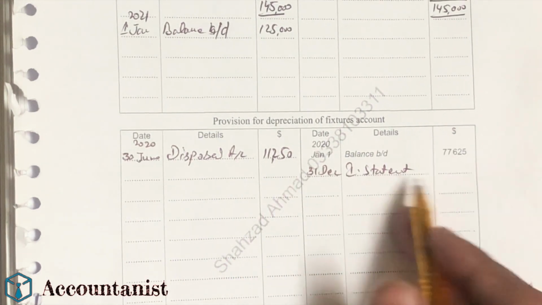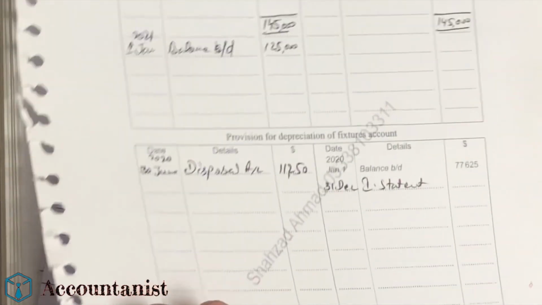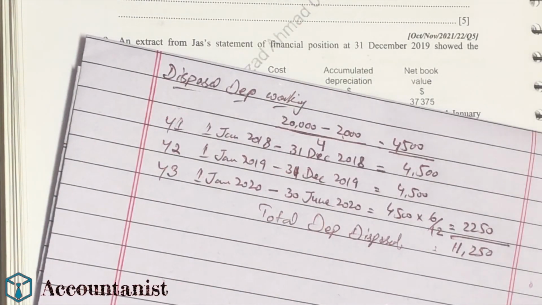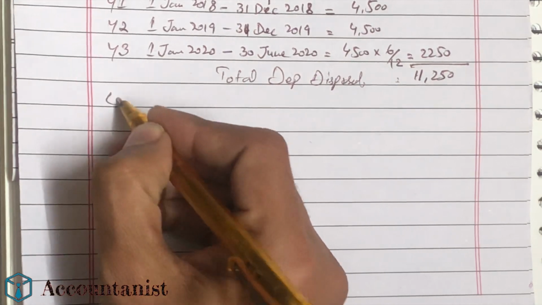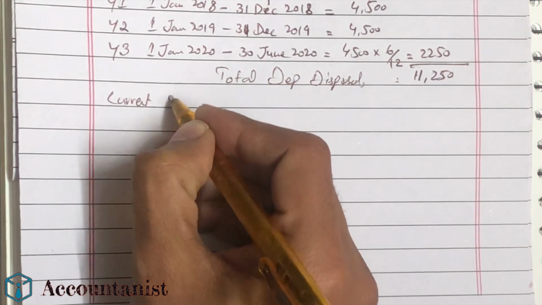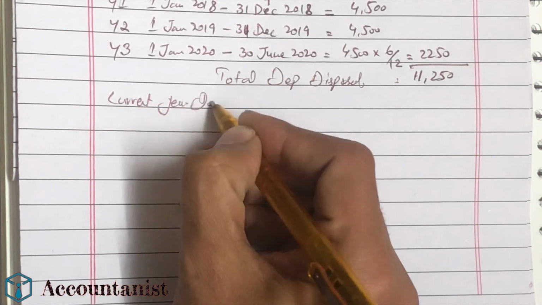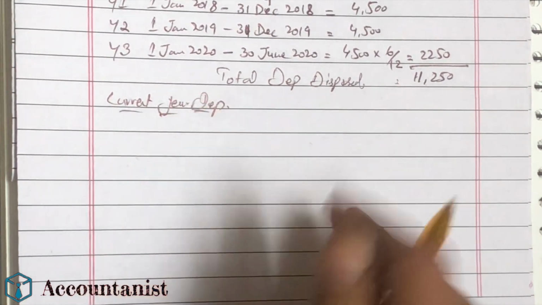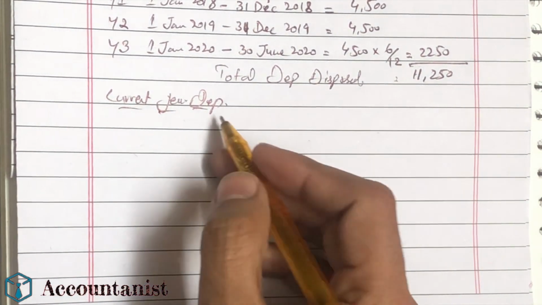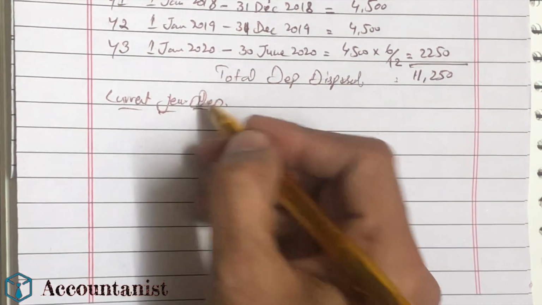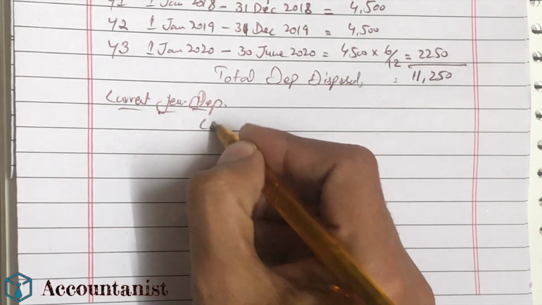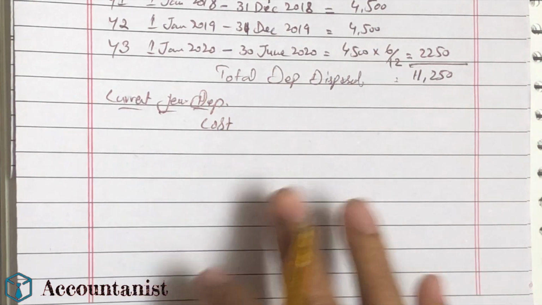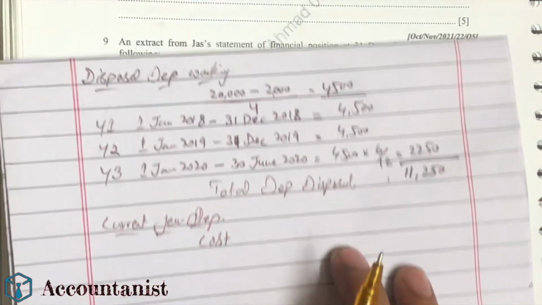So let's start working on this income statement figure. Again I come to the working paper. The current year depreciation: I'm going to do the same working, because right now we are using the straight line method, so I don't need the net book value. I'm going to focus on the cost of the opening balance of my assets.